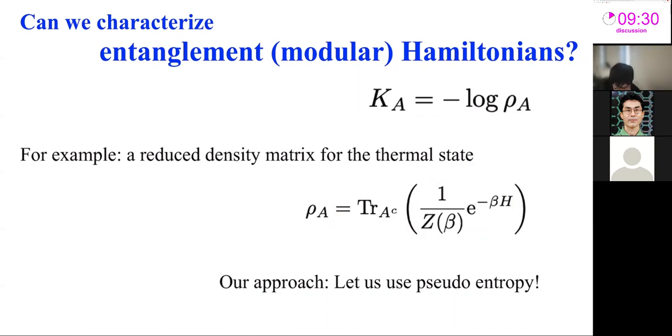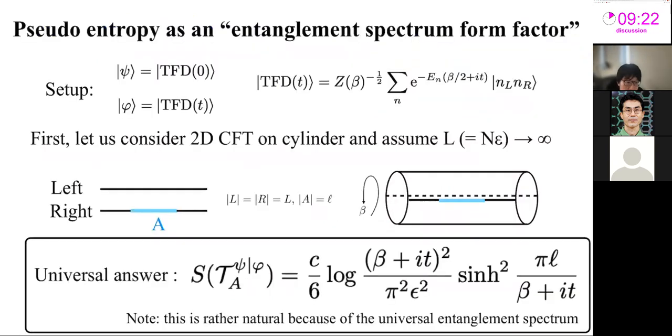And we will use pseudo entropy as our probe. Since I don't have enough time, I will skip the detail, but for this, we can use the so-called thermofield double state. Since the transition matrix is only defined for pure states, we have to purify the previous thermal density matrix by tracing over subsystems.